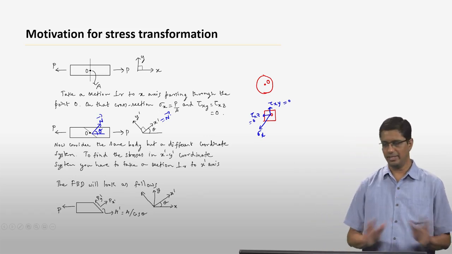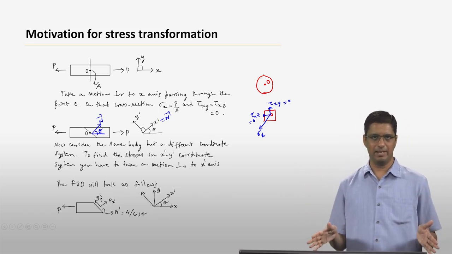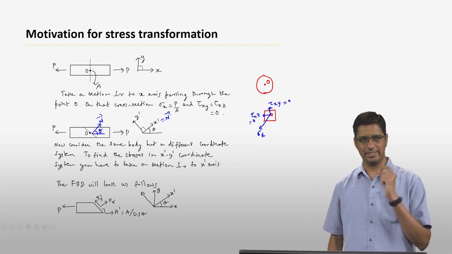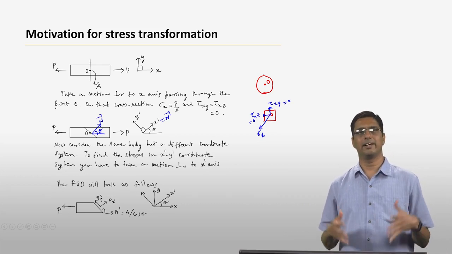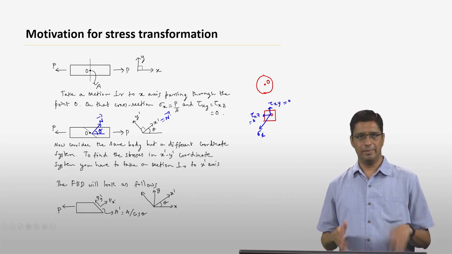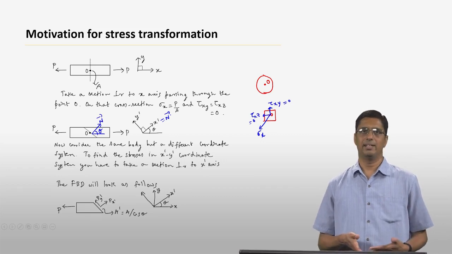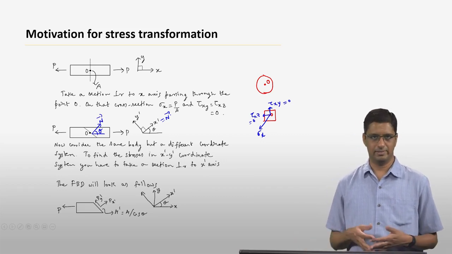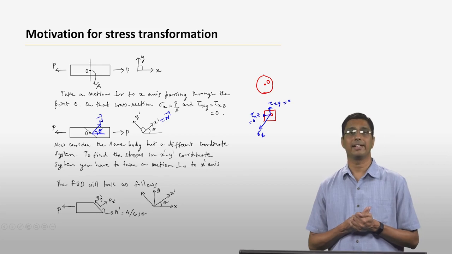So it's the exact same bar, the exact same force, the exact same point, but instead of a cross section perpendicular to x, you take a section that is oblique, at an angle to the x axis.